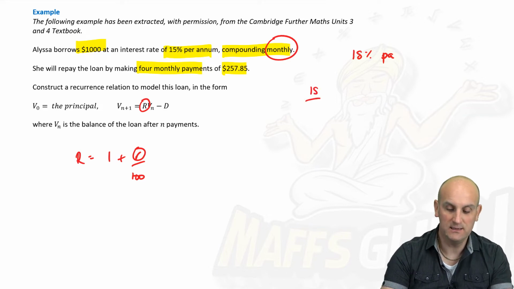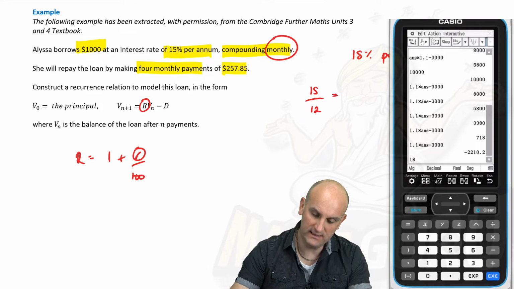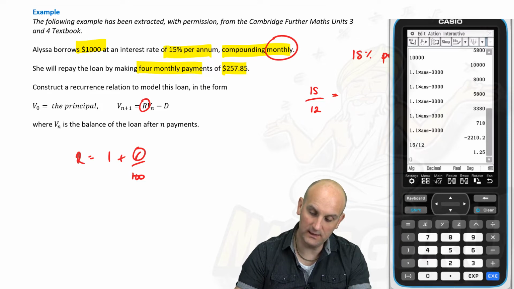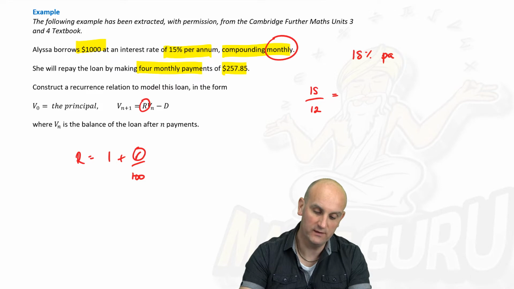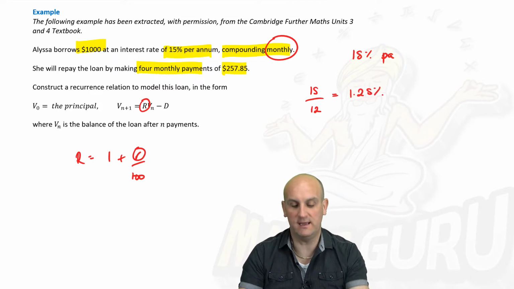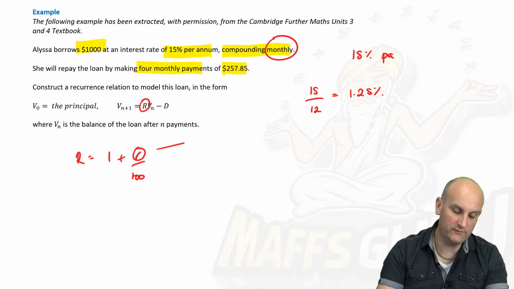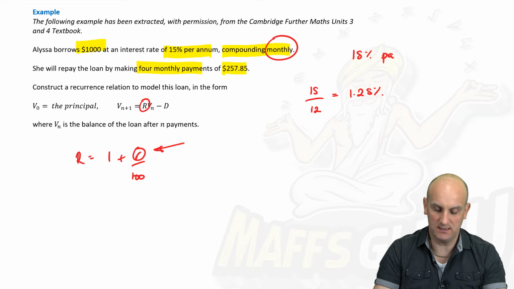The way we do that is we do 15 divided by 12, which gives me 1.25. So 1.25% per month. But we need to turn that into our value of R, and our value of R is given by 1 plus little r on 100.